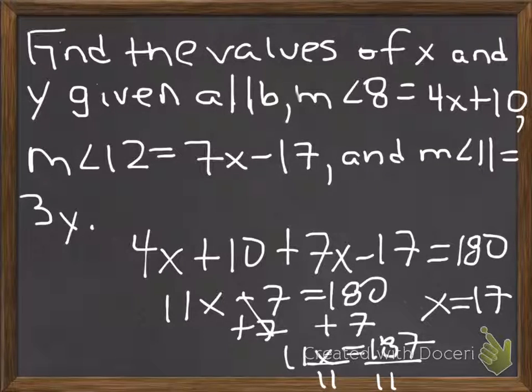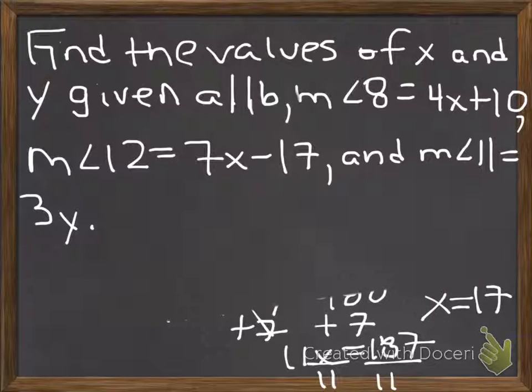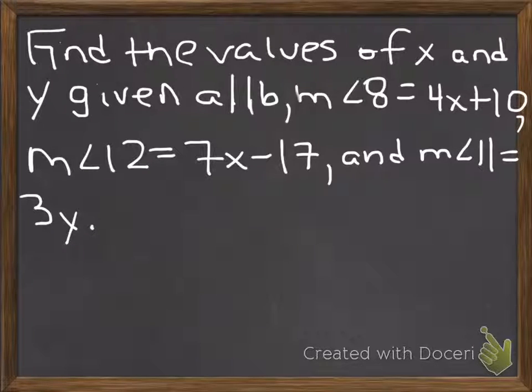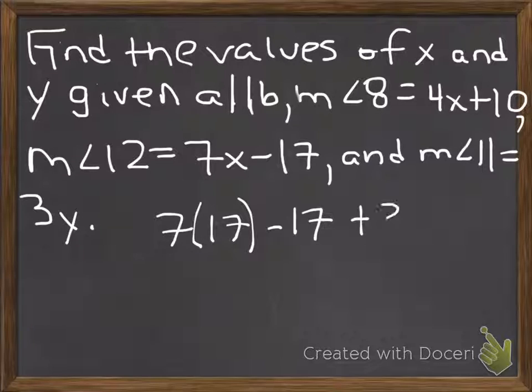And then we need to find y, so we need to take 17 and plug it in for angle 12, add that to angle 11, and put it equal to 180 again. So 7 times 17 minus 17 plus 3y equals 180.